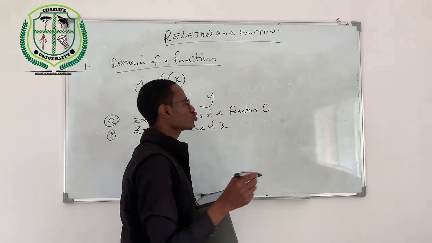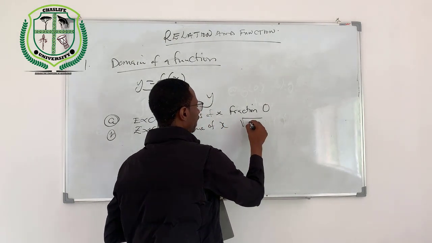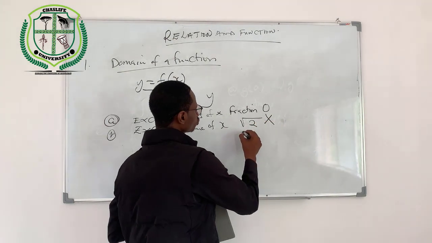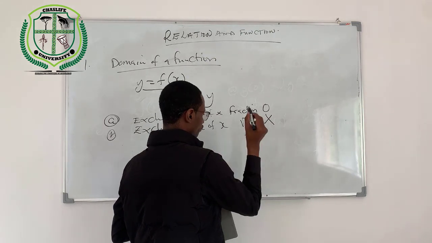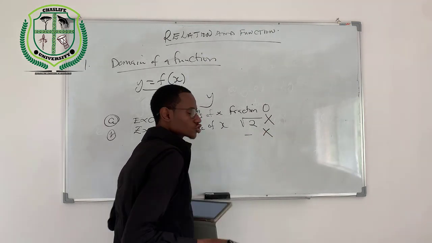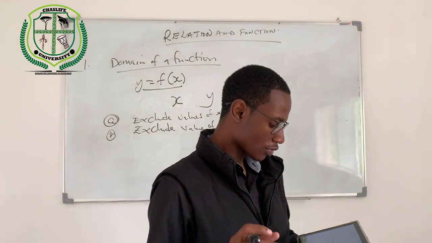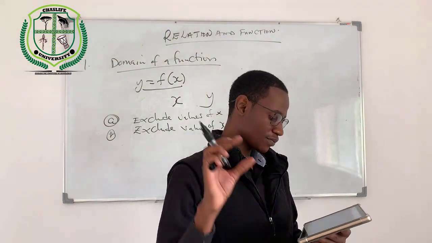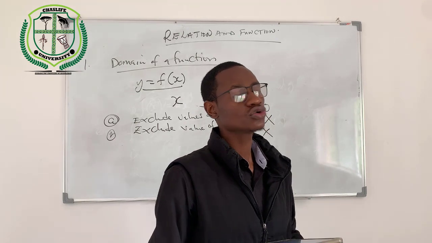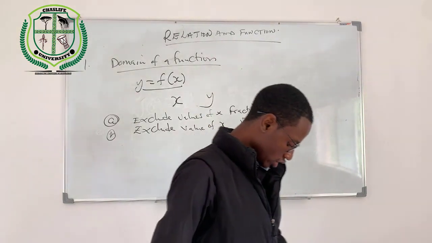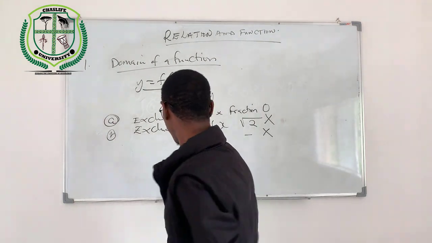So make sure you do not have something like this. We refuse. So in short, no negative values within square roots. Make sure you run away from such types of functions that give you such solutions. So let's look at an example.